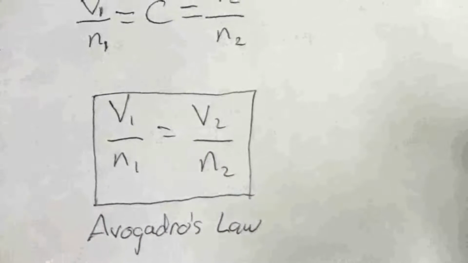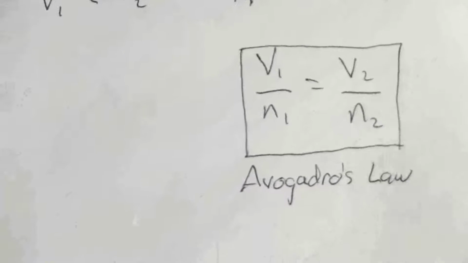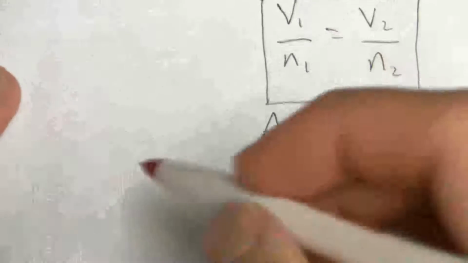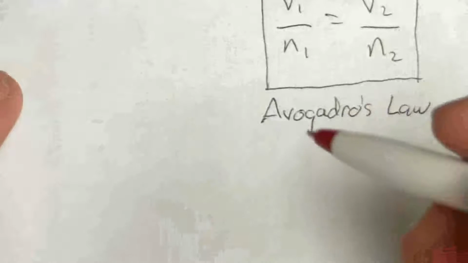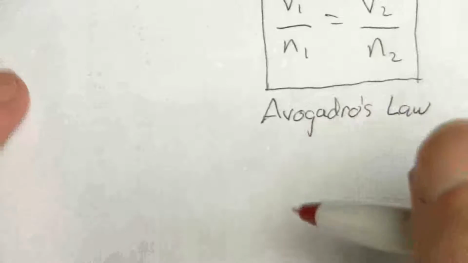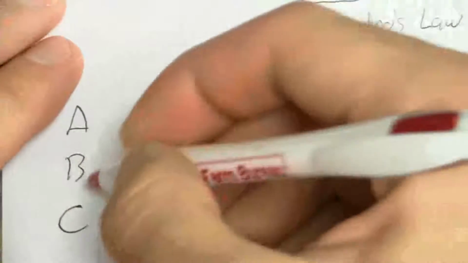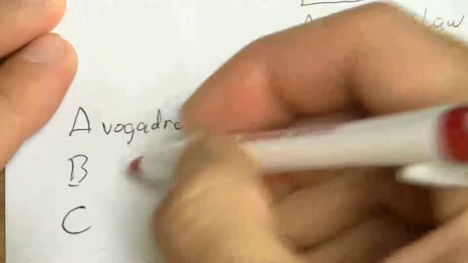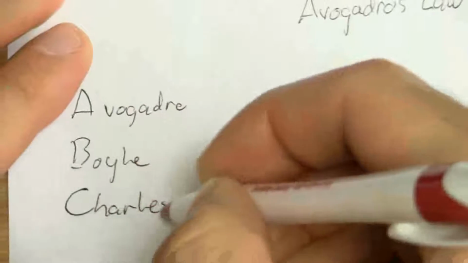So we've talked about three different laws in these three segments. We have Avogadro's law, Boyle's law, and Charles' law. I call them the ABCs of gas laws. You have Avogadro, Boyle, and Charles.